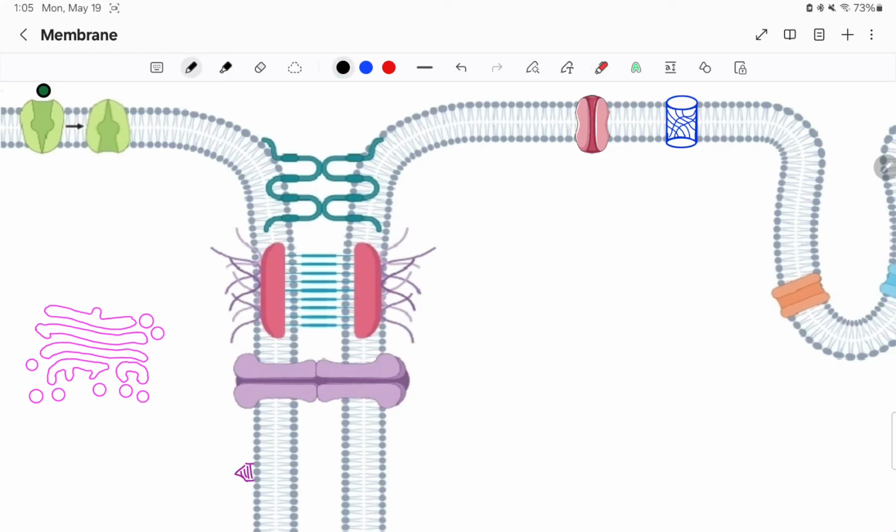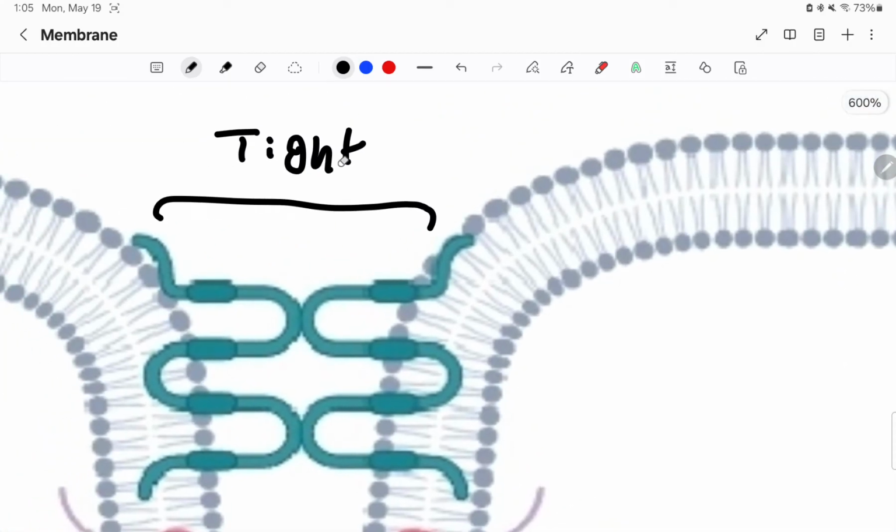The first one is this guy over here. Let's zoom in and rewrite this because I want it to be neat. It's called a tight junction.